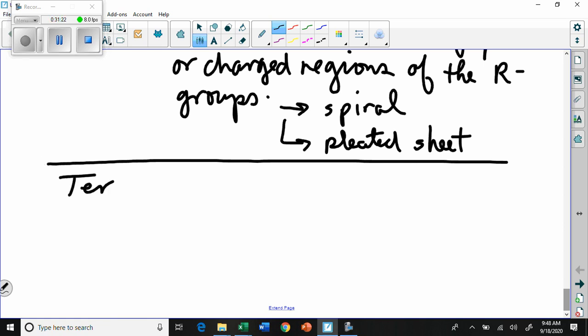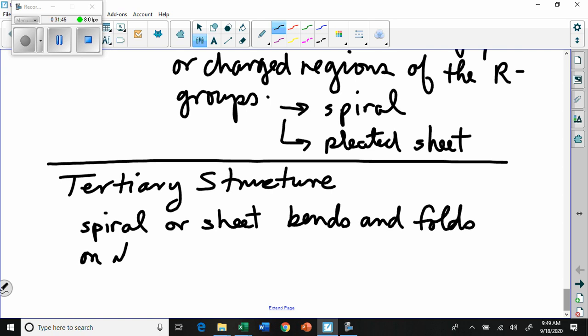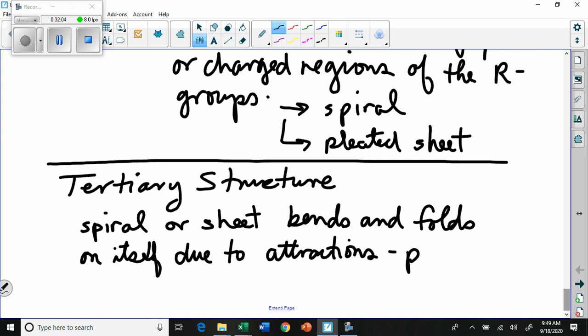The tertiary structure, the third level of structure, is where the spiral or the sheet bends and folds on itself due to attractions, particularly the attraction that seems to be responsible for this, the disulfide bridge.